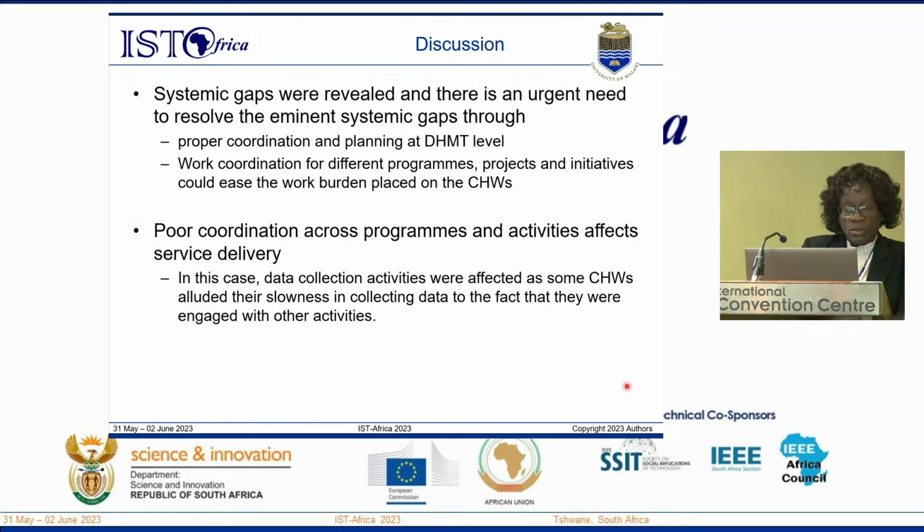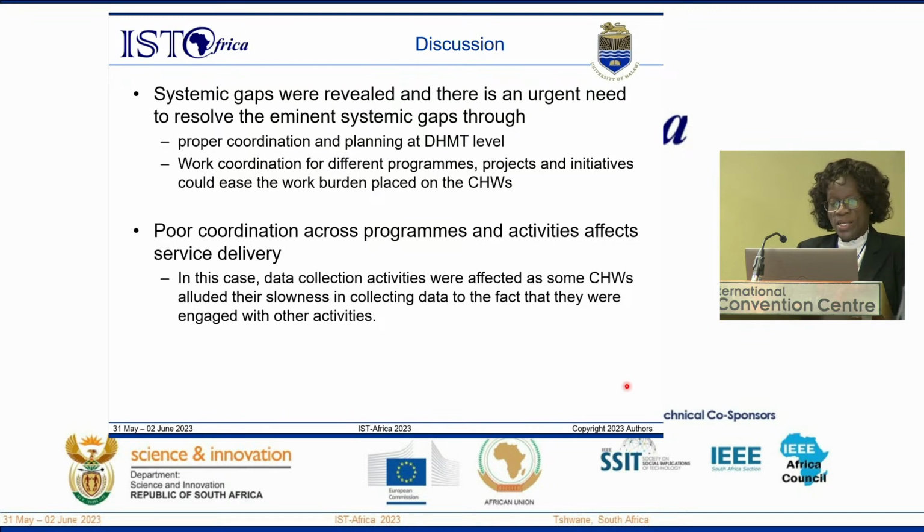In conclusion, in discussion, we noted that there were also some systemic gaps which were revealed through these supervisions. Most importantly, we noted that there was no proper coordination and planning at the district health management team level, whereby the same community health workers would be required to do so many things, including data collection.